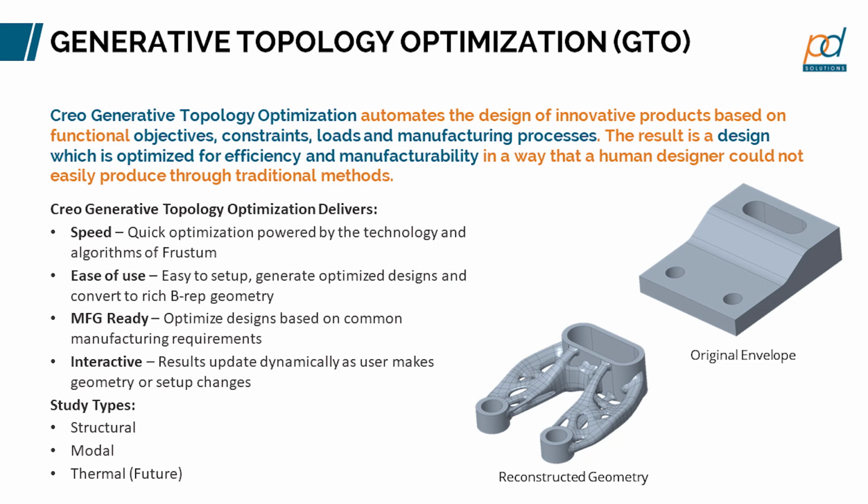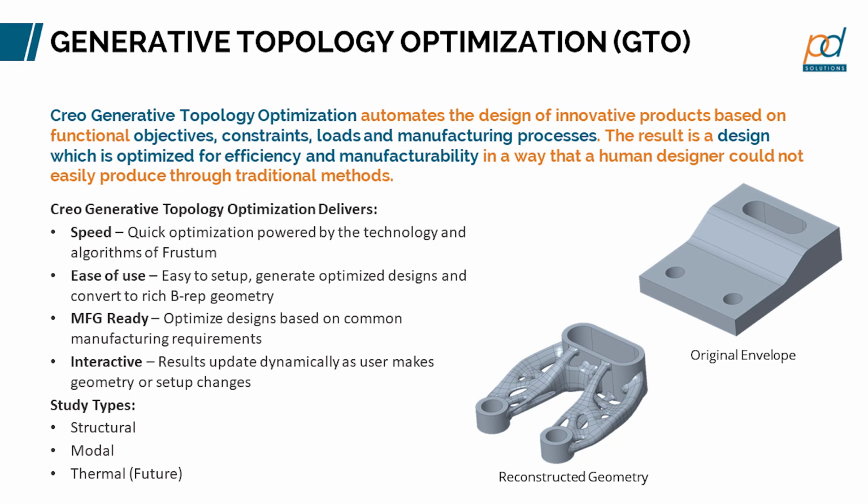Now, this slide was produced when the software came out. There's a kind of countdown. The goal is to be able to do optimizations for structural, thermal, and modal. Well, currently we've got structural and modal, but thermal has been delayed, so we're hoping to see thermal next year.